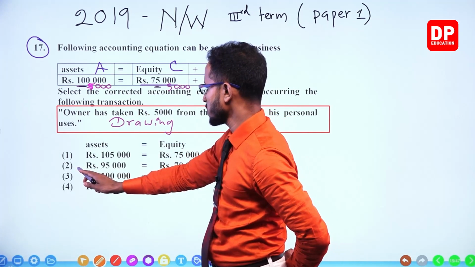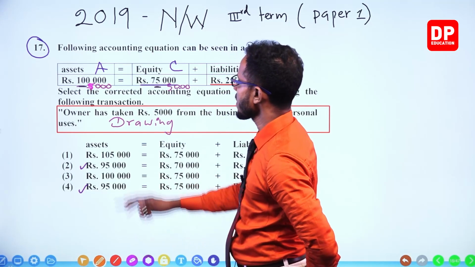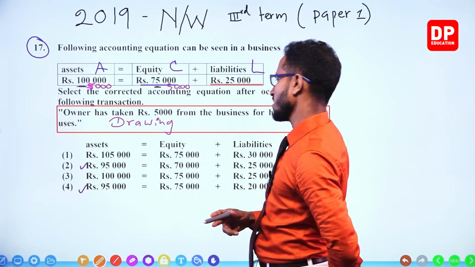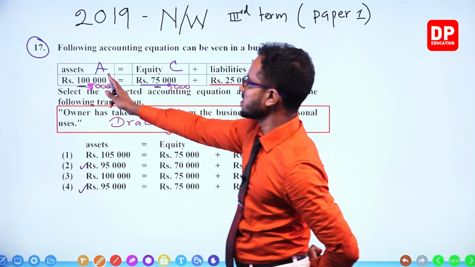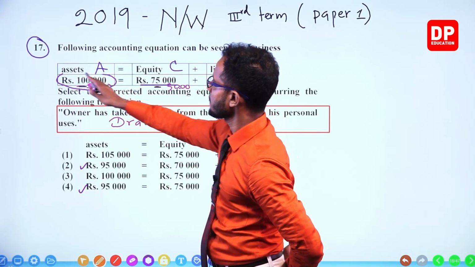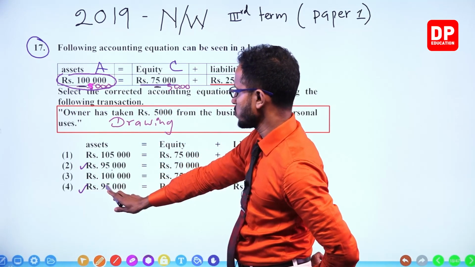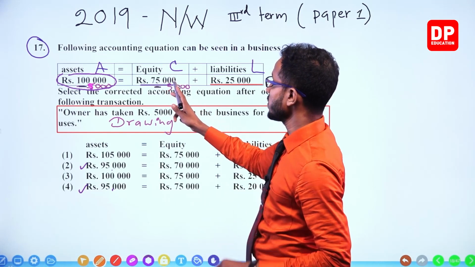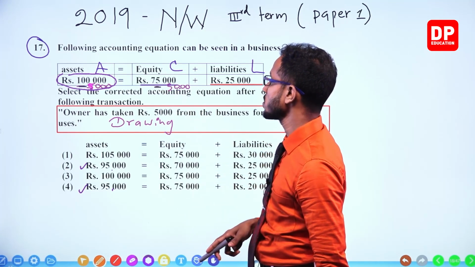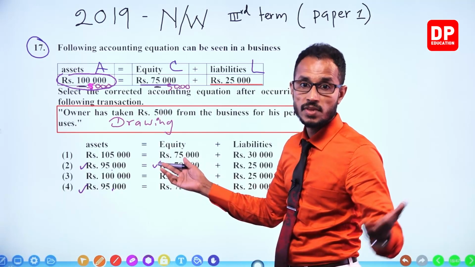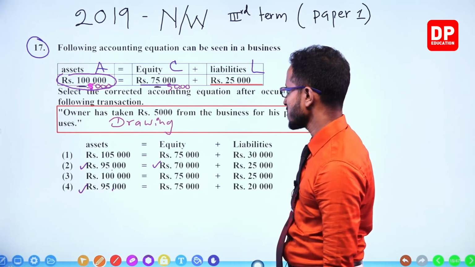So we have 95,000 here and here. And when 5,000 is subtracted from 75, it becomes 70,000. Assets 95 here, so we have two answers. At the same time, equity 75 minus 5 is 70. And there you go, that is the answer, the second one.